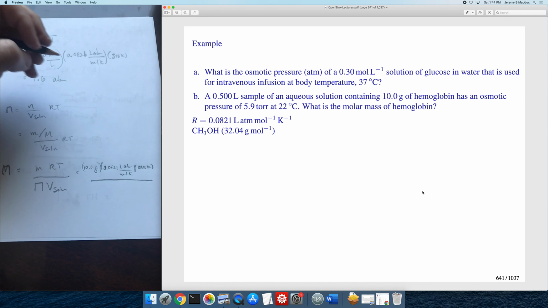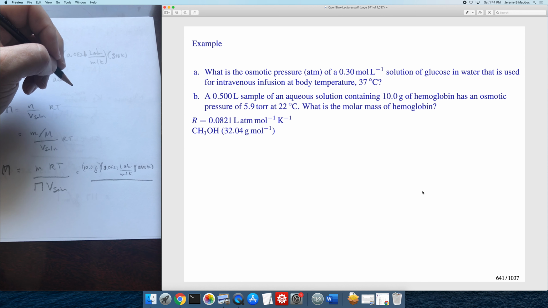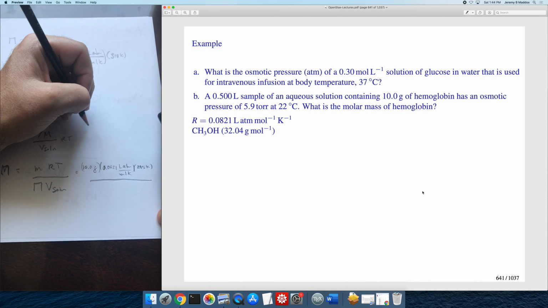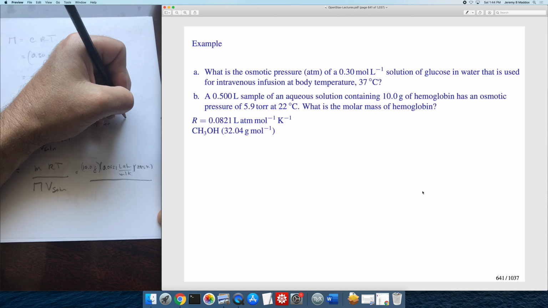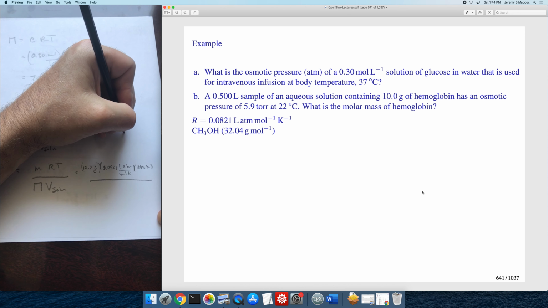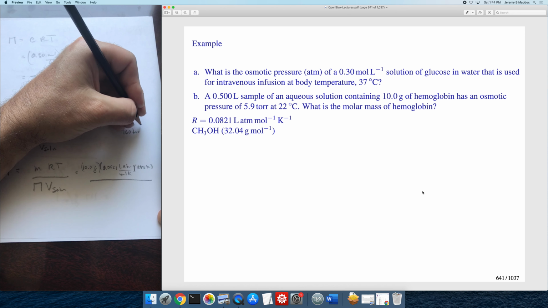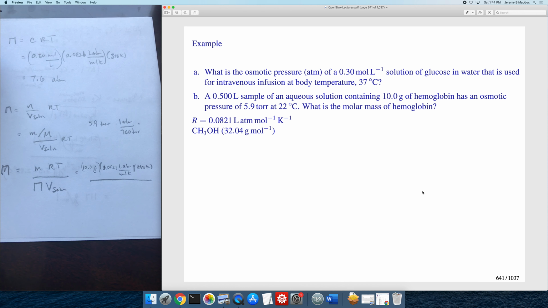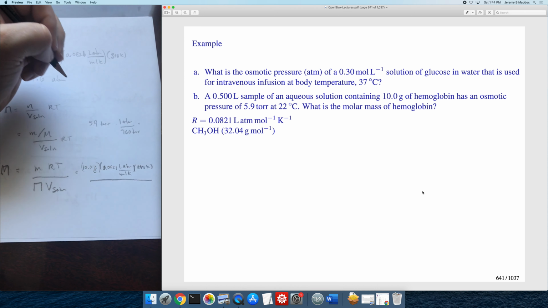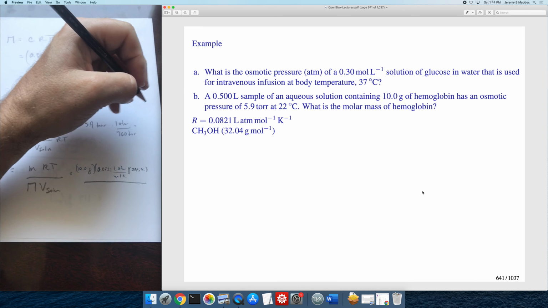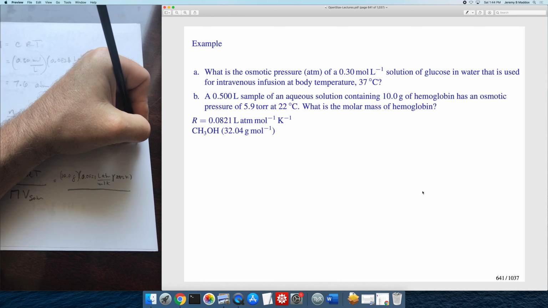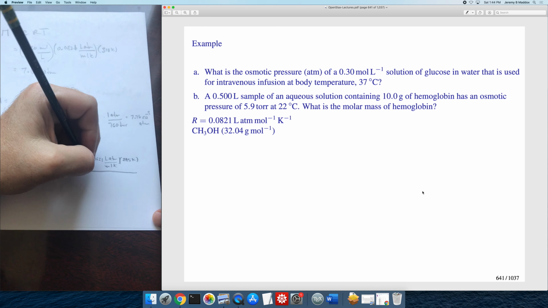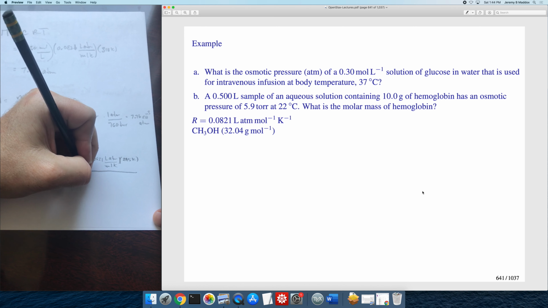Oh, I need to convert the 5.9 torr to atmospheres. So 5.9 torr, 1 atmosphere is 760 torr. I'm getting 7.76 times 10 to the minus 3 atmospheres. So put that in, 7.76.